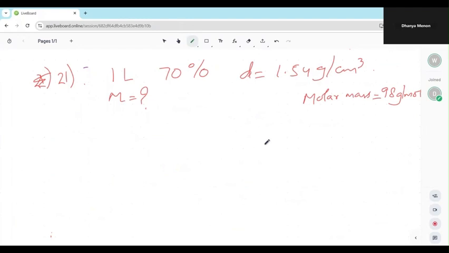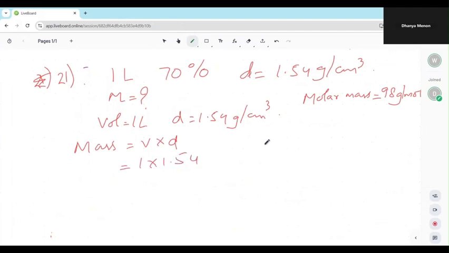Now, if I have the volume, that is 1 liter, and if I know the density, can I find out the mass? Mass is equal to volume times density. So 1 times 1.54. Here I need to make a small change.